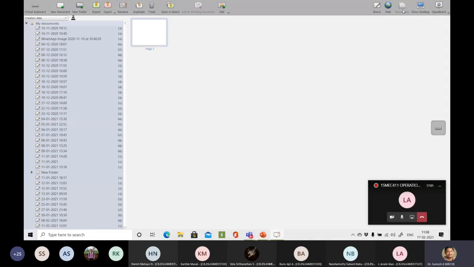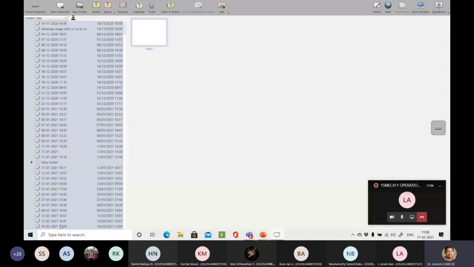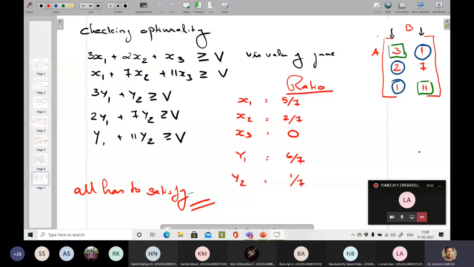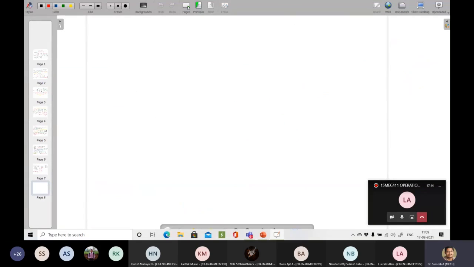So this is where we have stopped. I will first take a 2 cross n problem to solve graphically. In a 2 cross n problem, how many strategies will player A have?